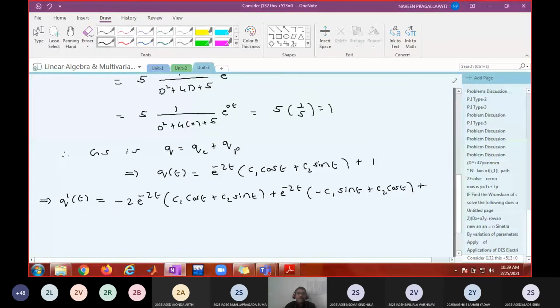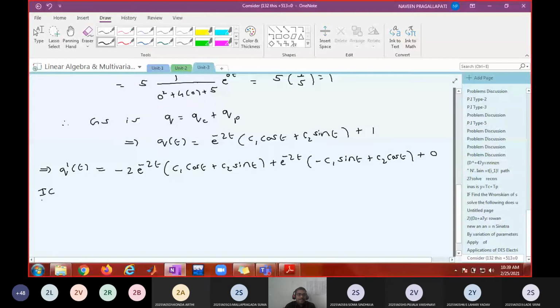Okay, so you have two expressions for Q and Q dash, therefore use the initial conditions. So what is Q of 0 given? 0. Initial charge and current are 0. That means when t equal to 0, the Q value is 0. Substitute t equal to 0 and Q equal to 0 in this expression.